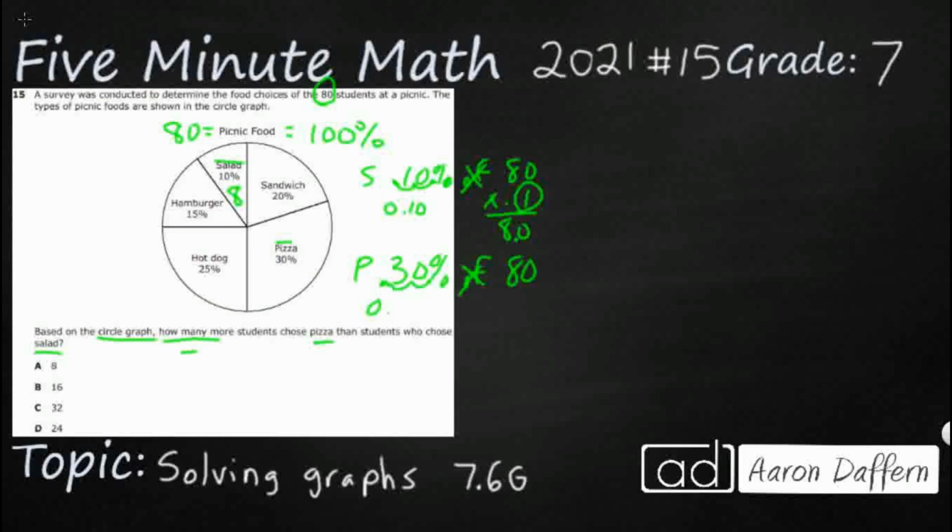It's going to be 0.3. We don't need that 0 right there. So let's just do 0.3 times 80, and that's going to be 240. Bring that decimal back in because I've got 1 digit behind the decimal. And there we go. I've got 24, and so all we're going to need to do in just a moment is subtract those two. Simple.